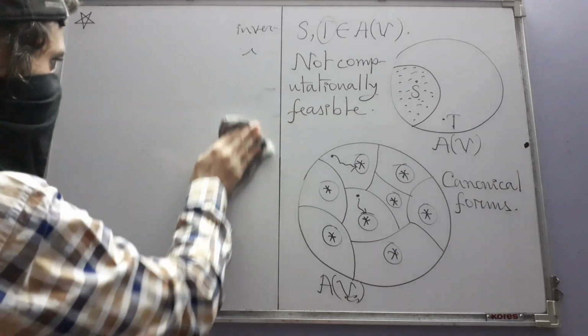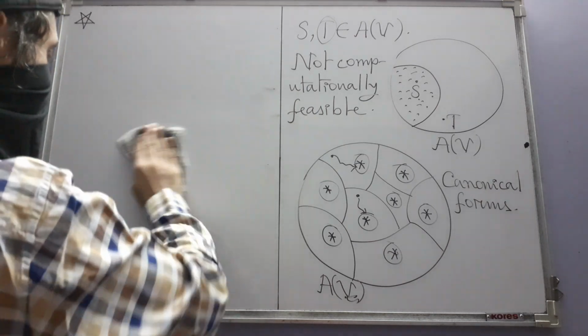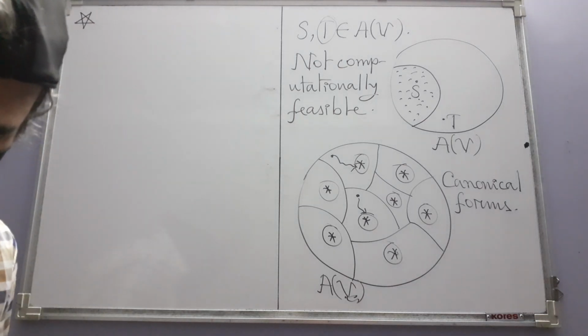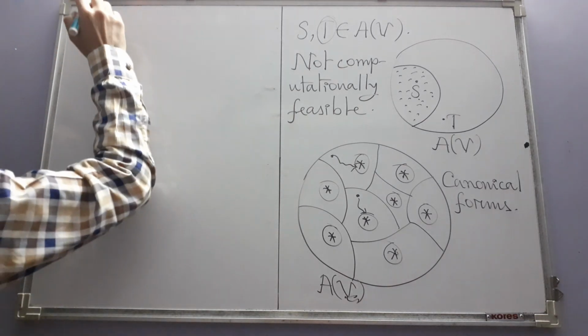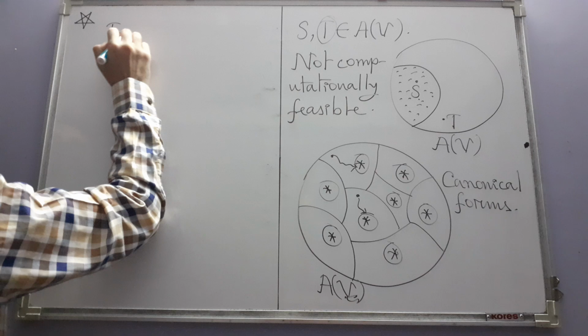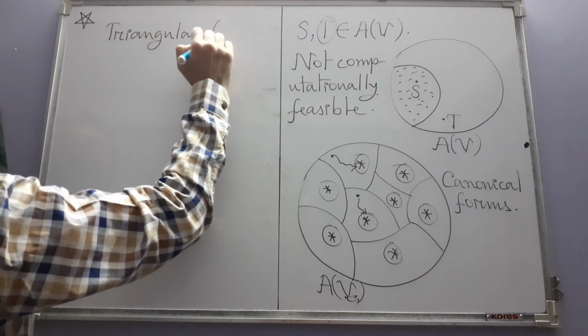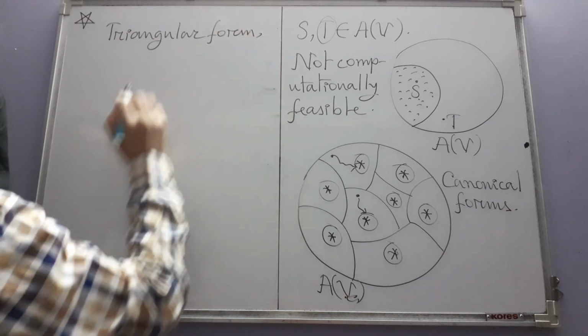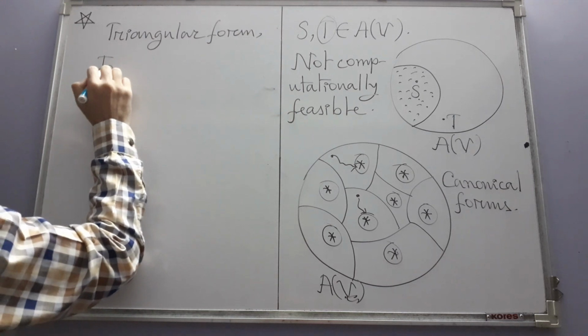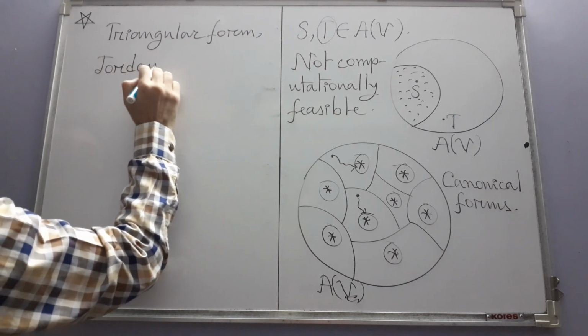One of those 3 is, of course, this triangular form. But besides that, we also have the Jordan form.